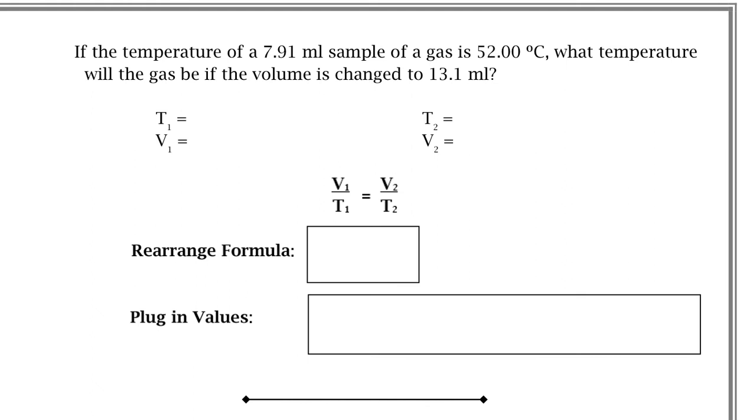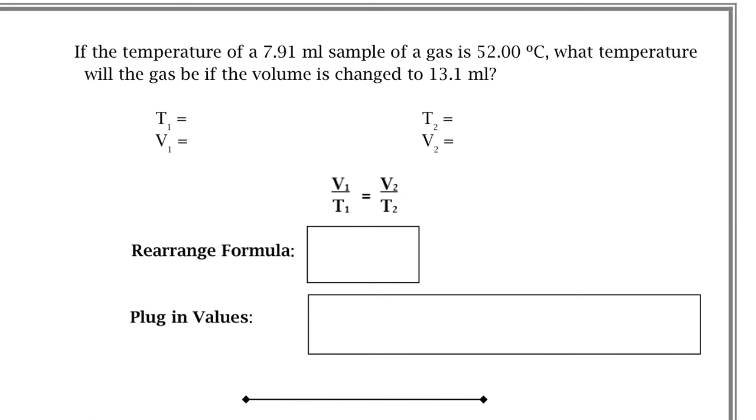What are you sliding underneath? See how, hang on one second. You've cross-multiplied this great. Let me see your pencil. So here's our unknown, right? Whatever's next to my unknown is going to slide underneath. So now this should be V2 times T1, and then divided by T2.